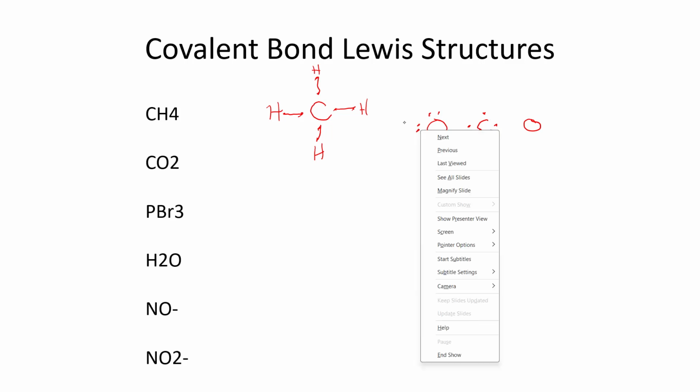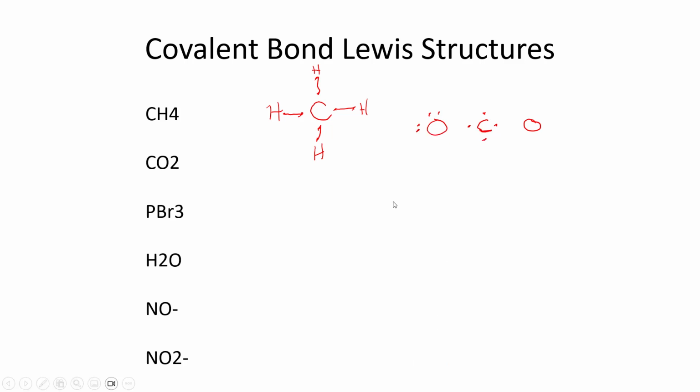I'm going to put the pairs facing on the outside, and I'm going to orient the valence electrons, or the single ones, toward the center, so that they can be oriented by that carbon. So now all we have to do is play connect the dots. So this one is going here, this one is going here, this one to here, this one to here.